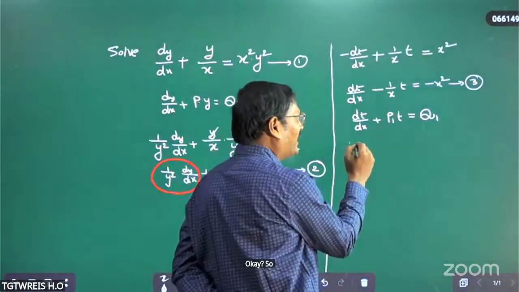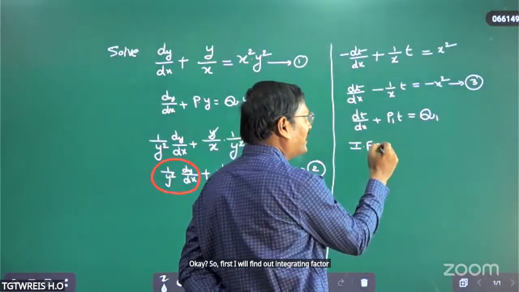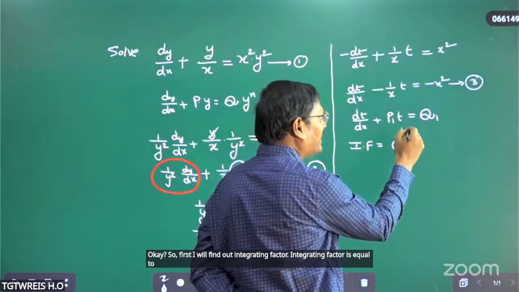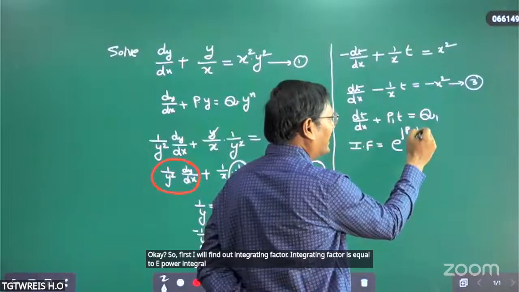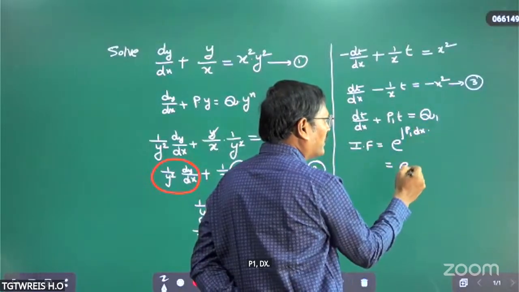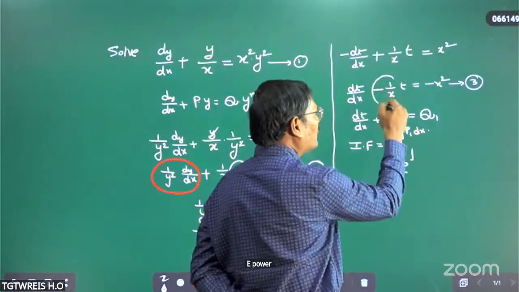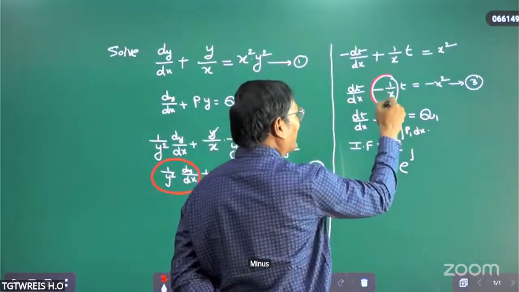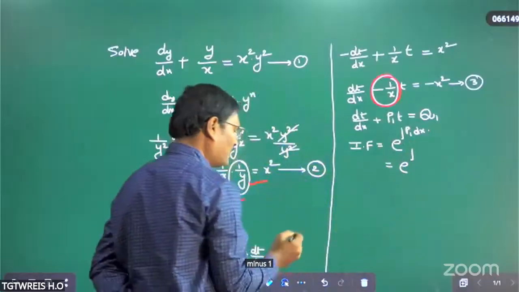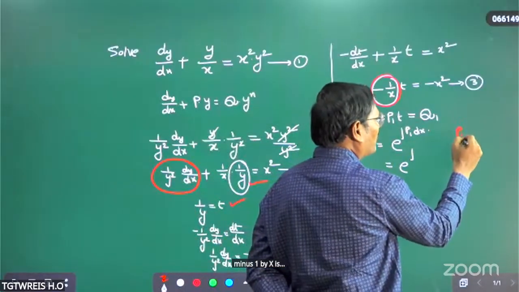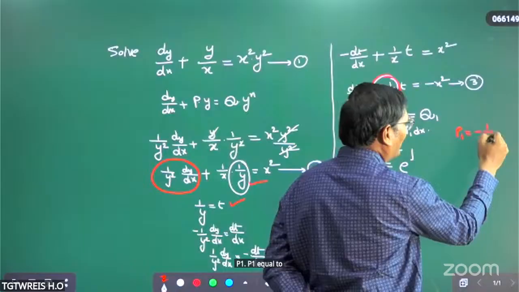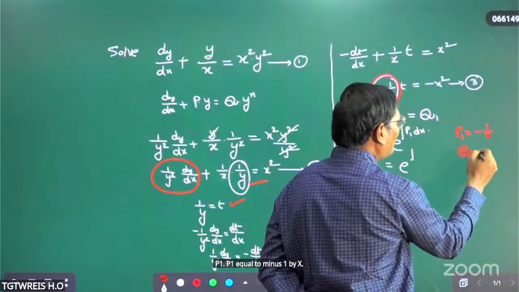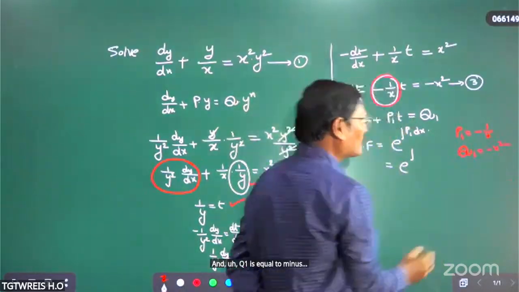So first I will find the integrating factor. Integrating factor is equal to e power integral p1 dx. In place of p1, we have minus 1 by x, and q1 is equal to minus x square.